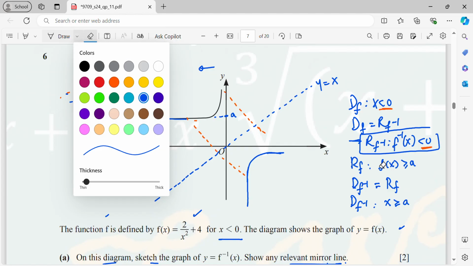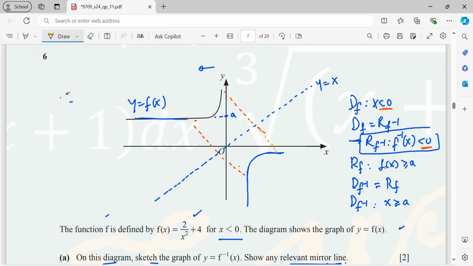Alright, so this is the reflection. So I will label this as y equals f inverse.